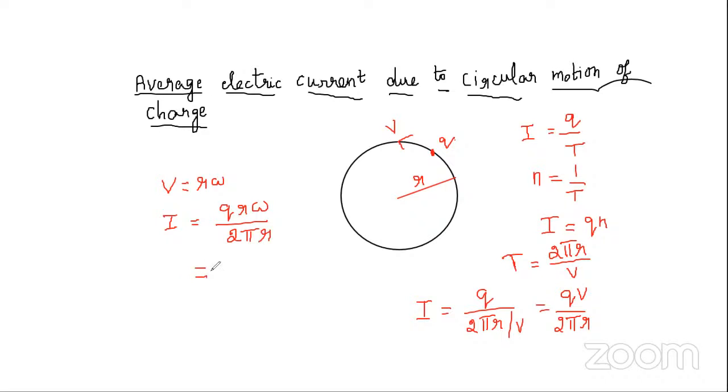When you cancel out the r in numerator and denominator, you will be getting I equal to q omega divided by 2 pi. So this is how you need to find out the average electric current due to circular motion of charge. Whenever you have the time period T like this, then you can calculate the total current I by this equation, I equal to q omega by 2 pi.